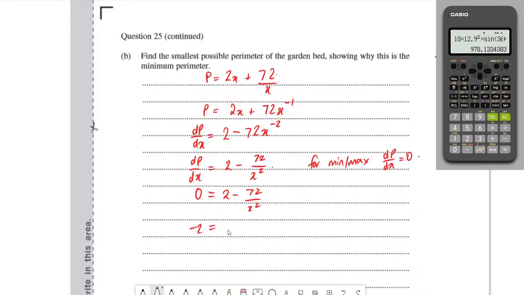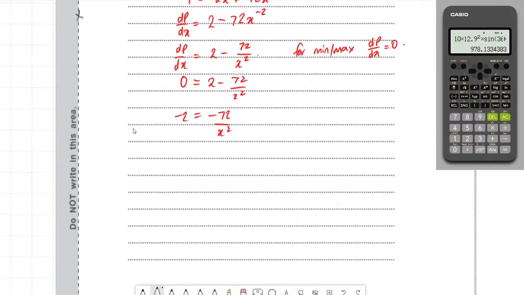So minus 2 is equal to minus 72 on x squared, which is the same as minus 2x squared equals minus 72. Divide both sides by negative 2 and you get 36. So x is going to be equal to plus or minus 6. Now we only want positive because we can't have a negative length. So that's going to be the value that gives us the turning point.